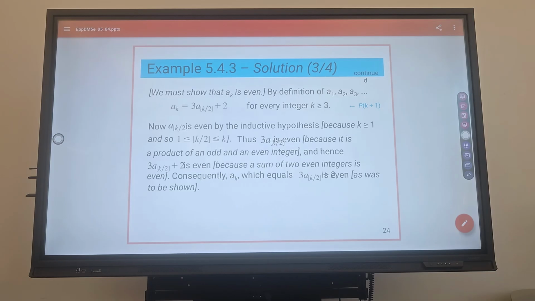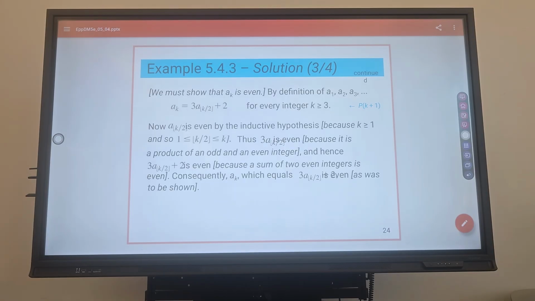Thus, 3A sub the floor of k over 2 is even because it is a product of an odd and even integer, and hence 3A sub the floor of k over 2 plus 2 is even because the sum of two even integers is even.